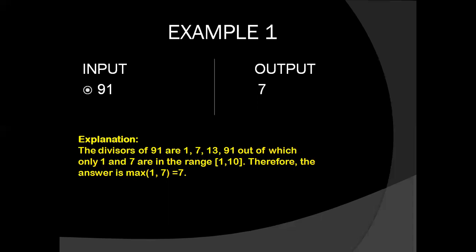So out of these, only 1 and 7 are in this range. Therefore the answer is the maximum of 1 and 7, which is obviously 7. So the output you get is 7. This is an example.